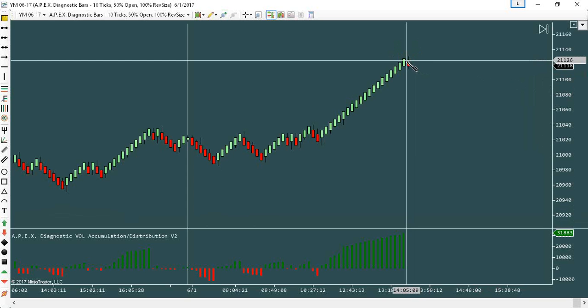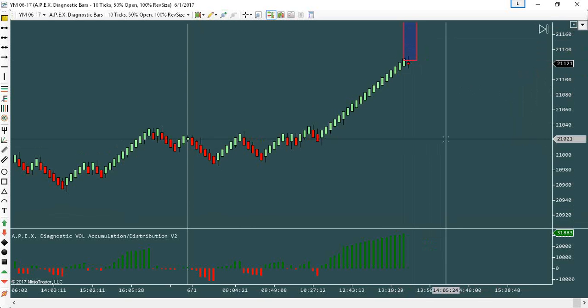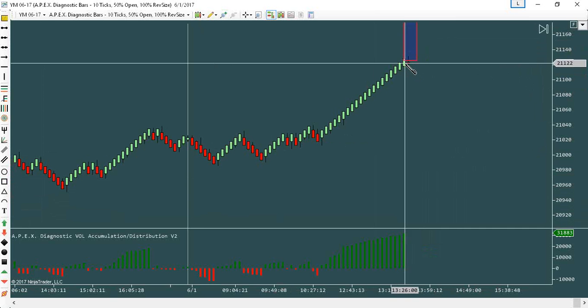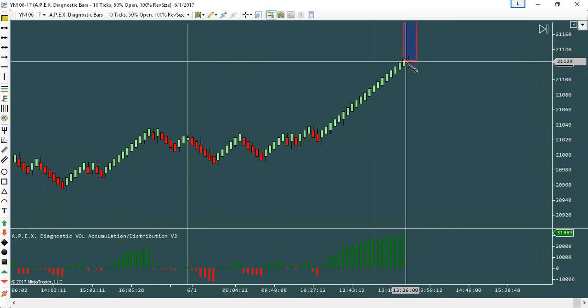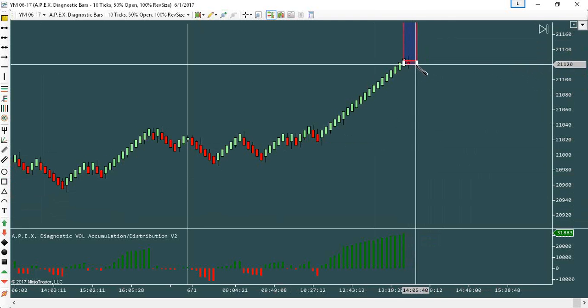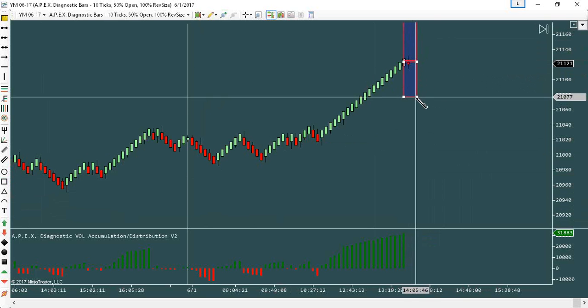So what do we get? We get a spread with a floor or a bottom at 21,125 going up 100 pips, right? 100 ticks. And then they give you another spread where 21,125 is the top, or the ceiling, going down 100 ticks, right?